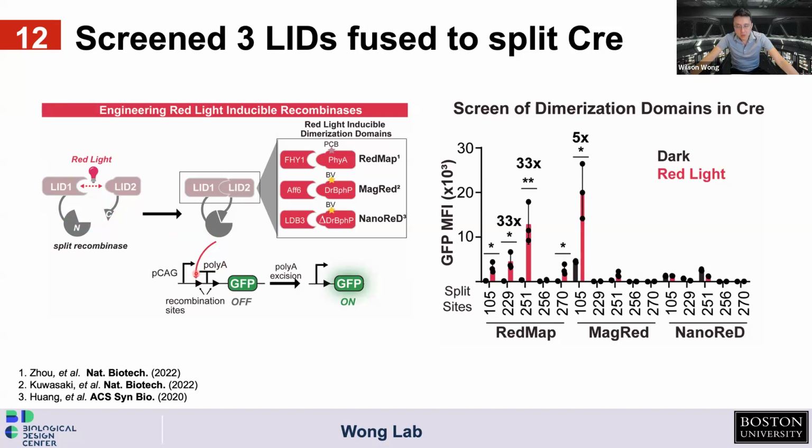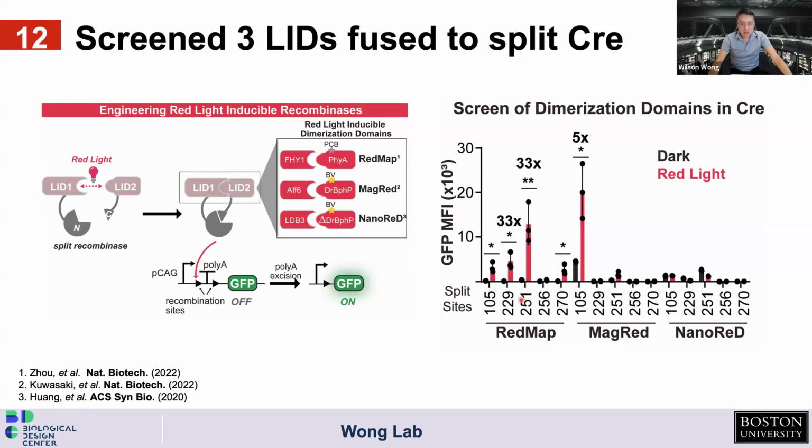We really like this approach. It's a little painful to use because you have to figure out where to cut the protein, but from our experience it tends to have the biggest signal to noise ratio. It tends to have the lowest basal activity compared to almost any other inducible system that we have worked with, like degron-based or ERT2, which basically regulates translocation into the nucleus. So this approach tends to be the best, but it's hard to use because you have to figure out where to cut.